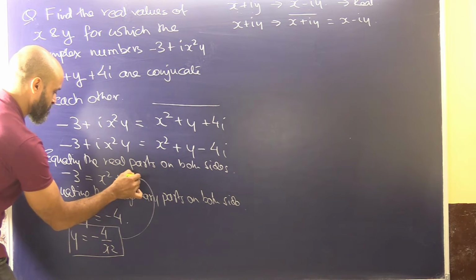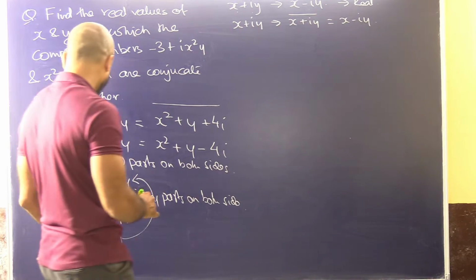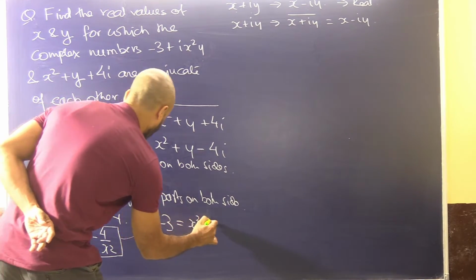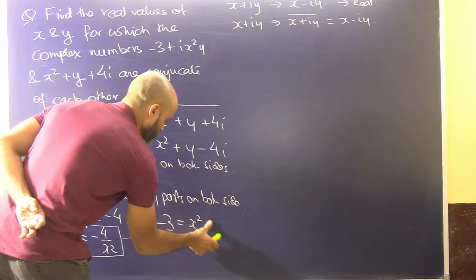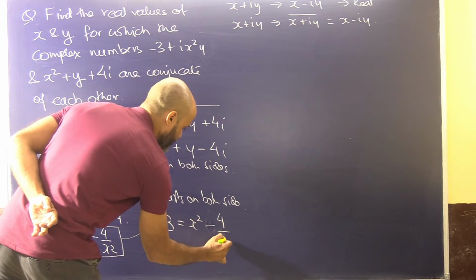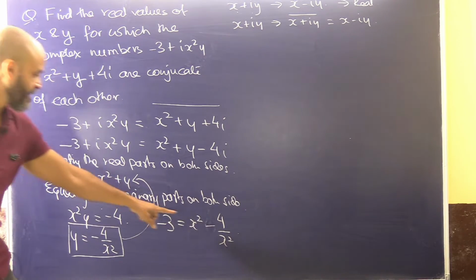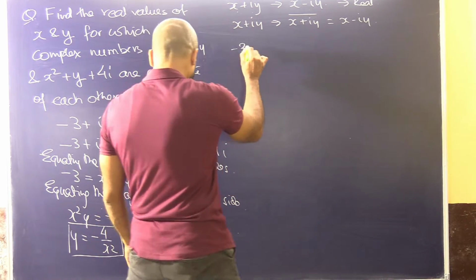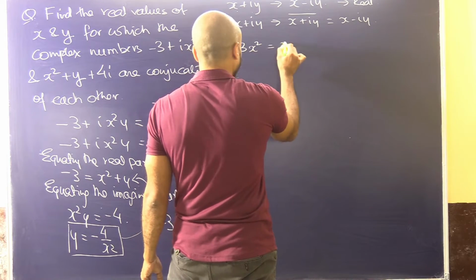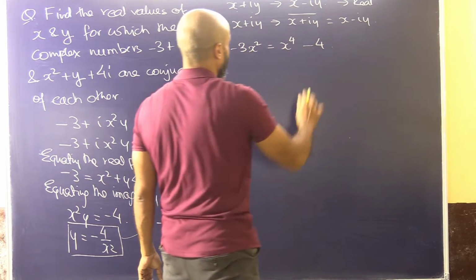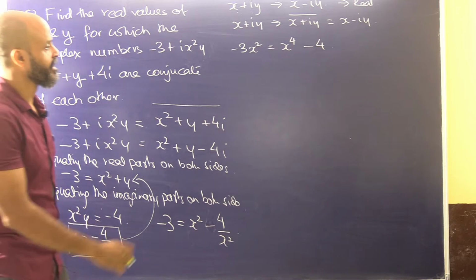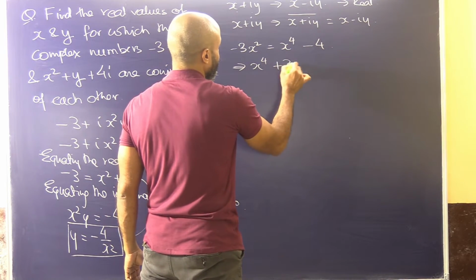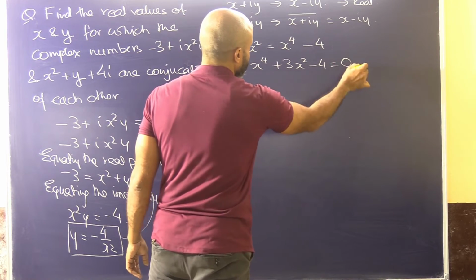Now if I happen to substitute the value of y in this equation, what do we get? This will be -3 is equal to x² + y, and in place of y we can put -4 by x². So here it will be -3x² is equal to x⁴ - 4, so we will have x⁴ + 3x² - 4 is equal to 0.